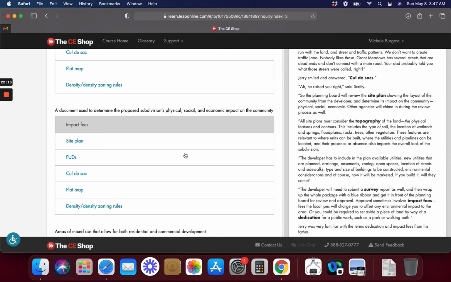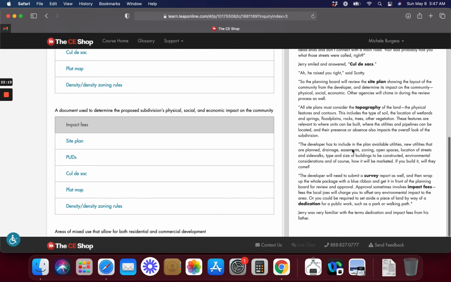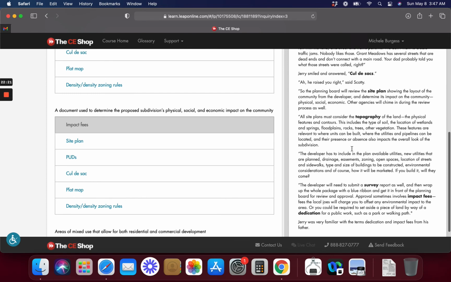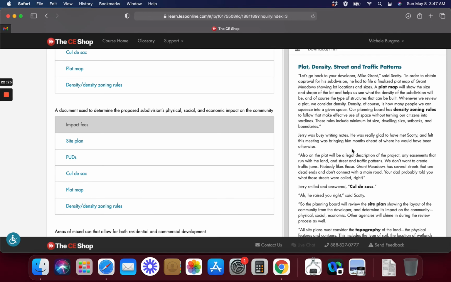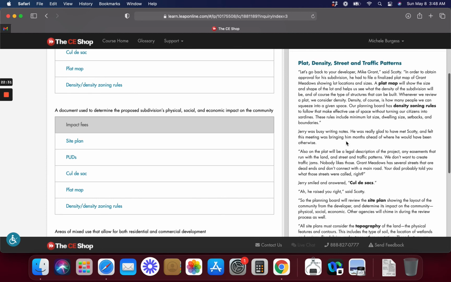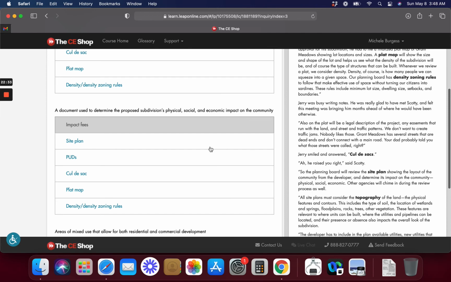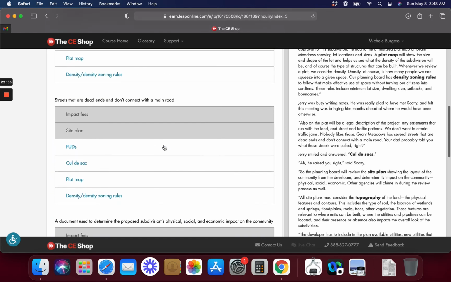All right, a document used to determine the proposed subdivision's physical, social, and economic impact on the community. I think it's the site plan. Okay, this one here.